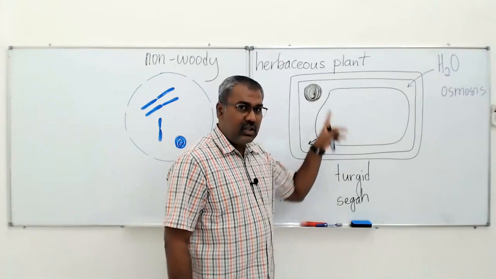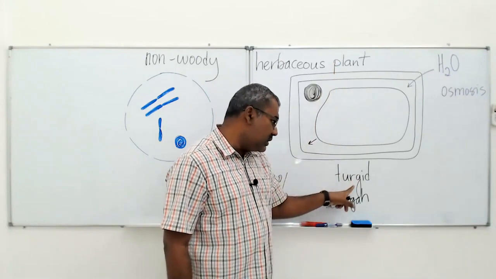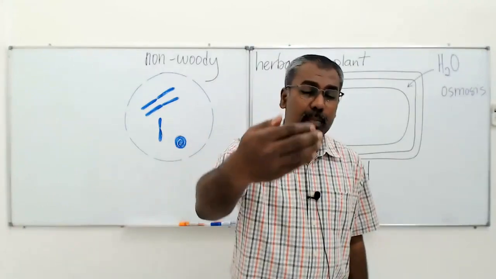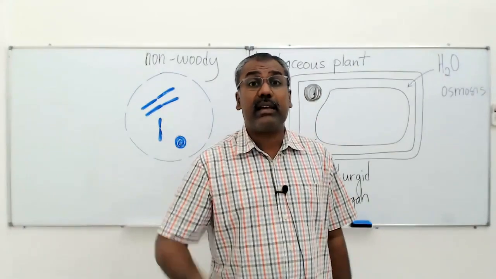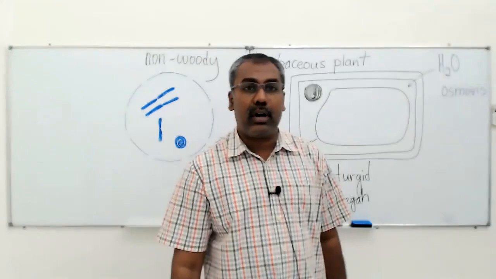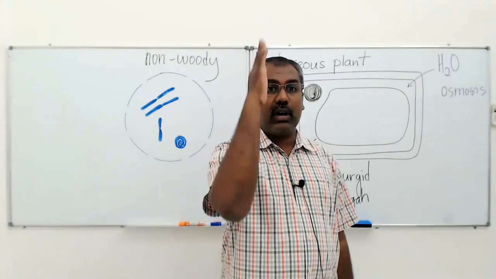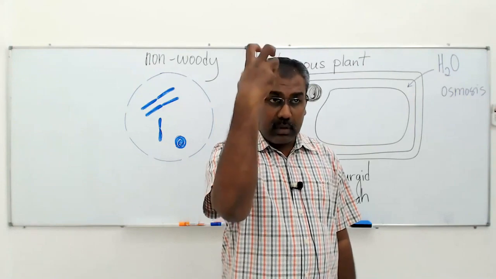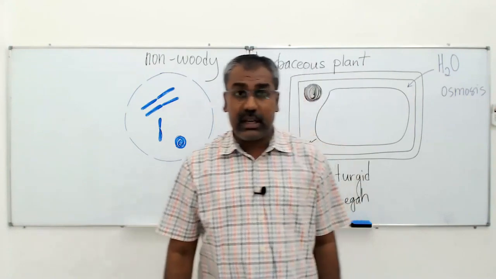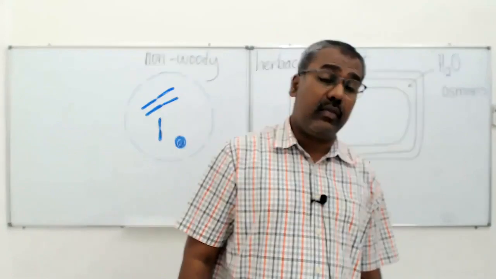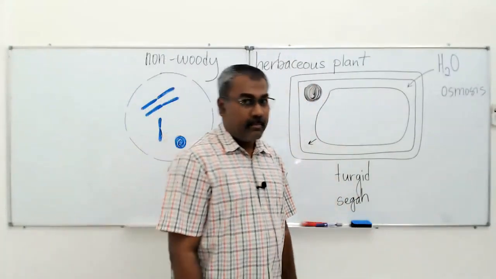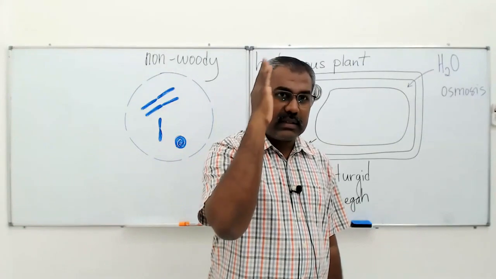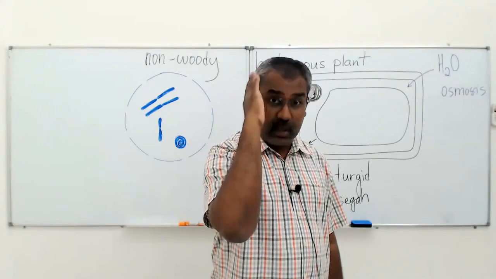So when the cells in herbaceous plant become turgid or segar, it gives support to the plant, memberikan sokongan kepada pokok herbaceous, menyebabkan pokok boleh berdiri tegak untuk menyerap cahaya matahari yang maksimum in order to carry out photosynthesis.